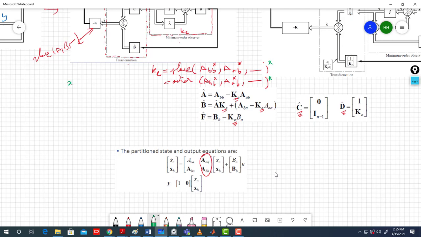So assuming you have n states, some of them are measurable and some others are not measurable, and therefore you build an observer first for the unavailable states only. The other states that are measurable, you feed them directly, okay?